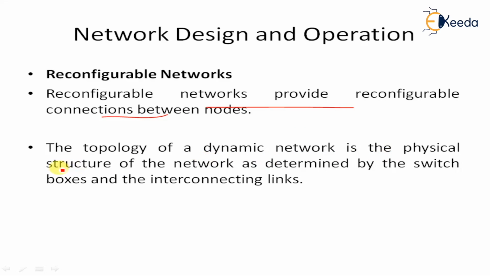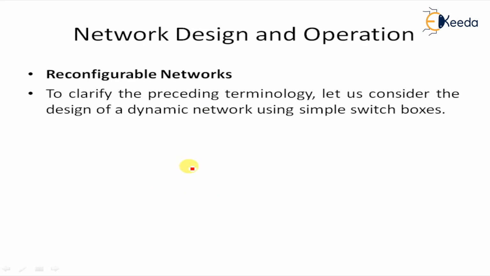In this case, the physical structure of this network is determined by the switch boxes and the interconnecting links. The switch box is the basic component of the network, and the cost of the network depends on the hardware, how many hardware units are used in the particular network, measured by the number of switch boxes required. Therefore, the topology of the network is the prime determinant of the cost.